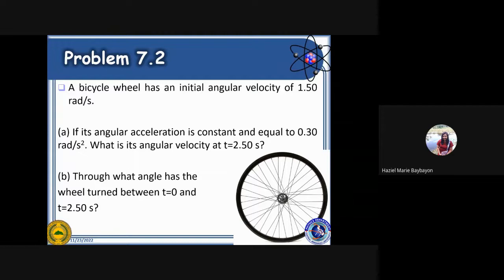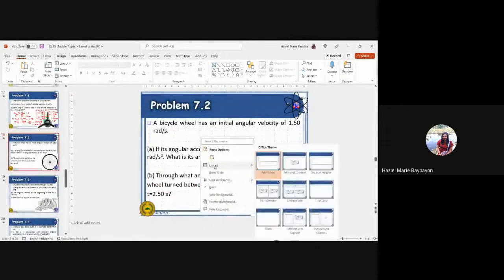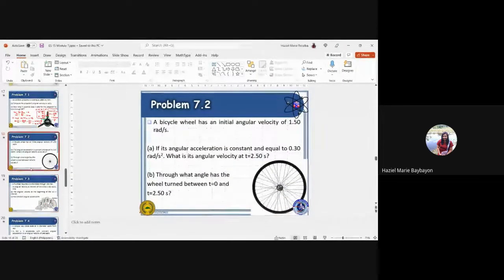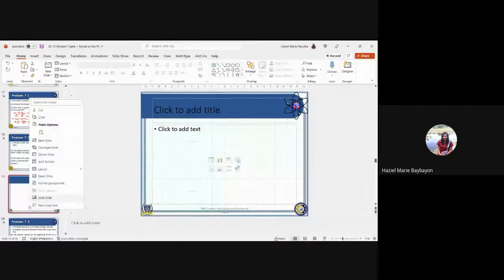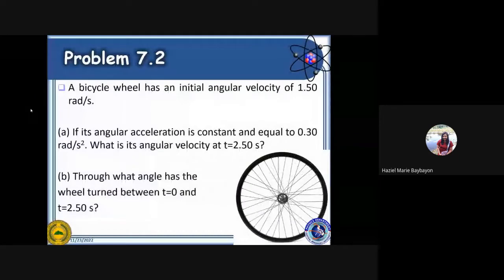If its angular acceleration is constant and equal to 0.3 rad per second squared, what is its angular velocity after t equals 2.5 seconds? And then through what angle has the wheel turned between t equals 0 and t equals 2.5 seconds?